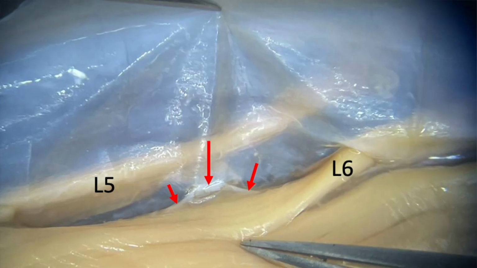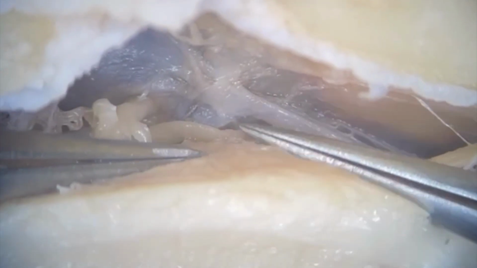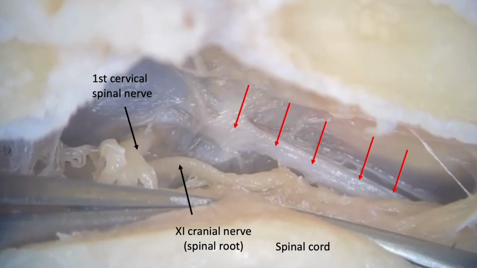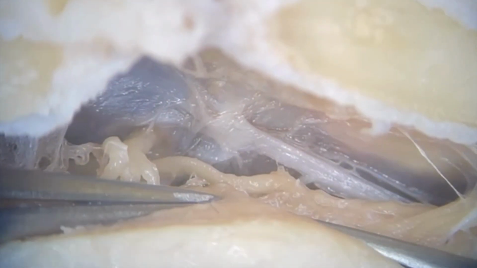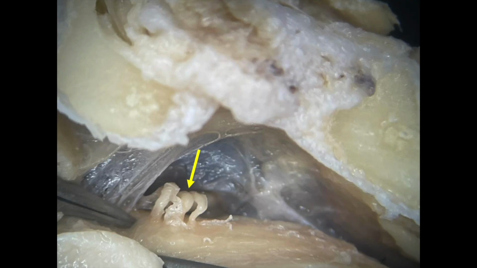These are dorsal rootlets of the first spinal nerve. Here we show in red arrows the origin of the denticulate ligament. The yellow arrow is pointing at the dorsal rootlets of the first spinal nerve.